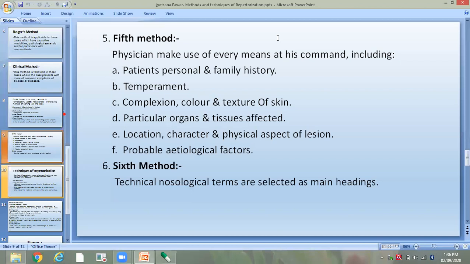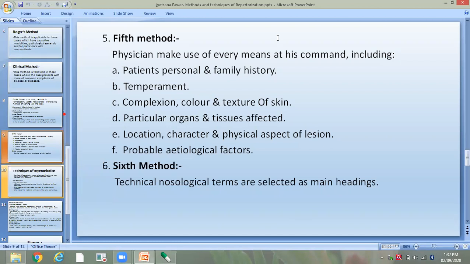As well, when we cannot get the symptoms properly, with the help of these nosological terms we can find out the similar group of remedies related to that disease condition.